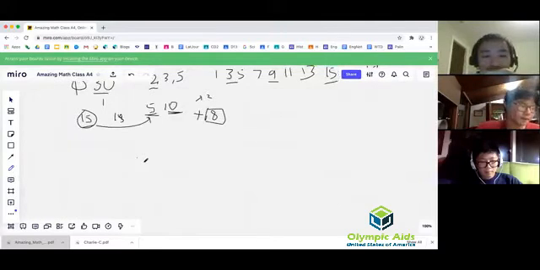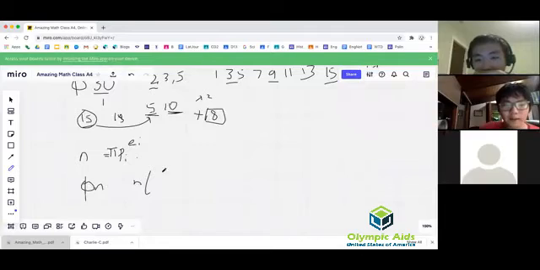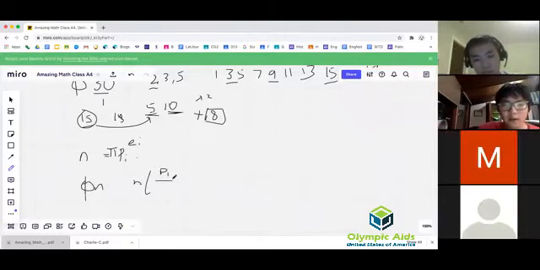So I wrote basically how you do it in theorem 1.3. If you have any integer n, you want to split it into the product of p_i to the e_i, and then the totient of n will just be n times (p1 minus 1)/p1 and so on, right?